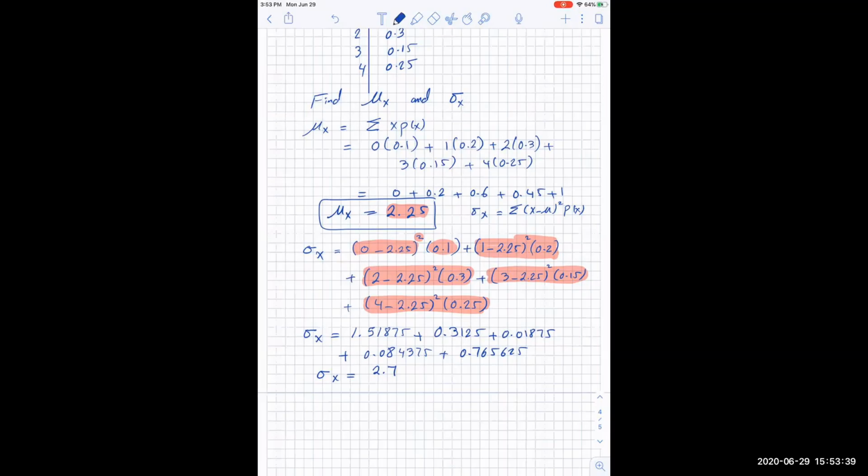Yeah, put it in parentheses. Actually, you subtract 0 minus 2.25, you get the result, and then you square the result, raise it to the second power, and then times 0.1.